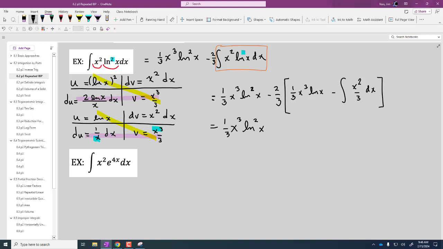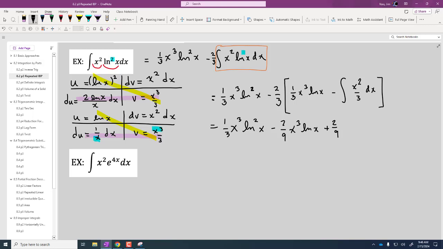So the 2/3 distributes here, so we get minus 2/9 x cubed natural log of x, and then minus 2/3 times this. We can think of this as a minus 1/3, so that's going to be positive 2/9. And now let's integrate this x squared.